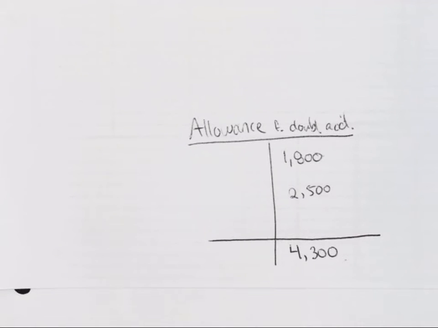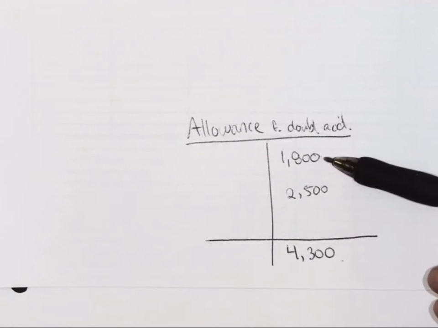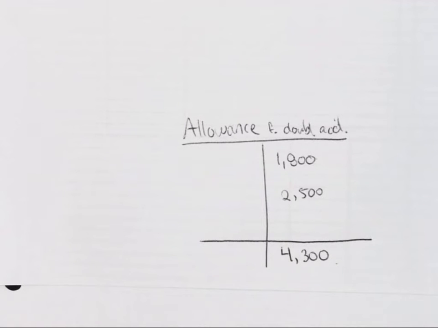The reason that we are only adjusting it to 4,300 and not adjusting it for 4,300 is that in a previous period, we still have an $1,800 balance. Meaning we didn't write off as many accounts as we thought we would. So we collected more receivables than we estimated.